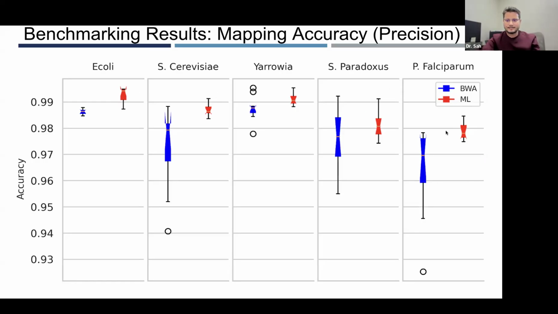So in each case, I would see my pipeline performing always well, always great, and also consistent, because if you see the blue has some circles, these are the outliers, and the shape of this, what is that called, the triangle up and triangle down, so it seems like it stretched all the way, which means variance is more.